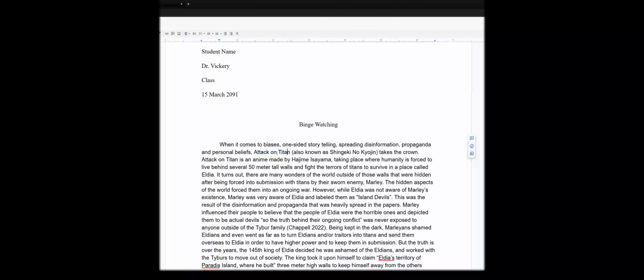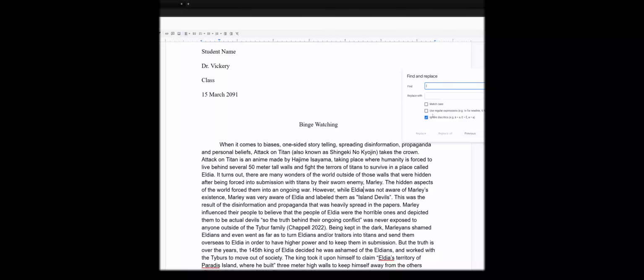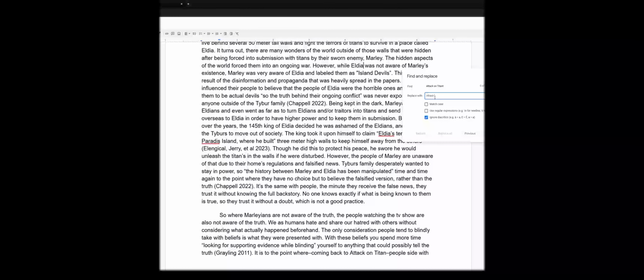So we need to go back in through and add our italics here. And what you can do, do I even have a control F on this? I do. Okay, so we can do find and replace. Find Attack on Titan. Replace with Attack on Titan. Can I replace it with italics? No, I'll just have to find it.